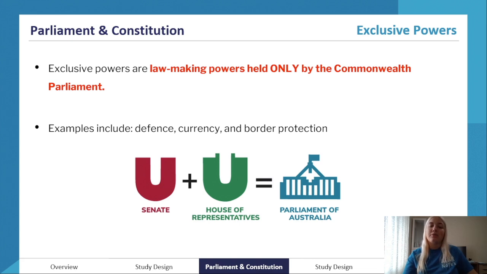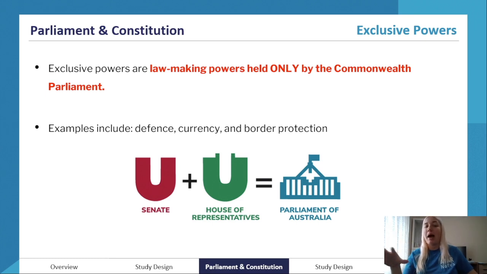Okay, so these really are only the areas that relate to things like international trade and currency and domestic issues. So most powers and areas in which we legislate in are actually residual. They're not exclusive.